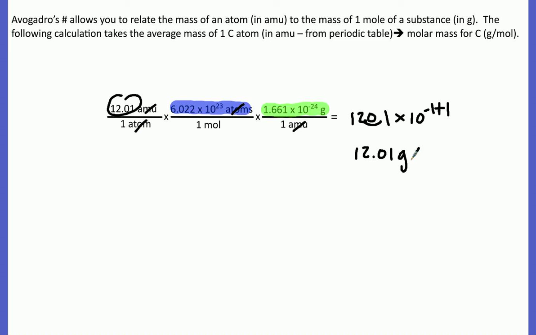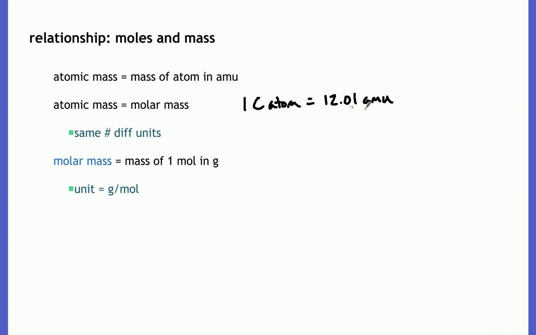So I have this new unit, grams per mole, but I have the same number as I had to begin with. So I can think about one carbon atom as having a mass of 12.01 AMU, or now I can think of 1 mole of carbon atoms having a mass of 12.01 grams. I have the same number, just a different unit, right?